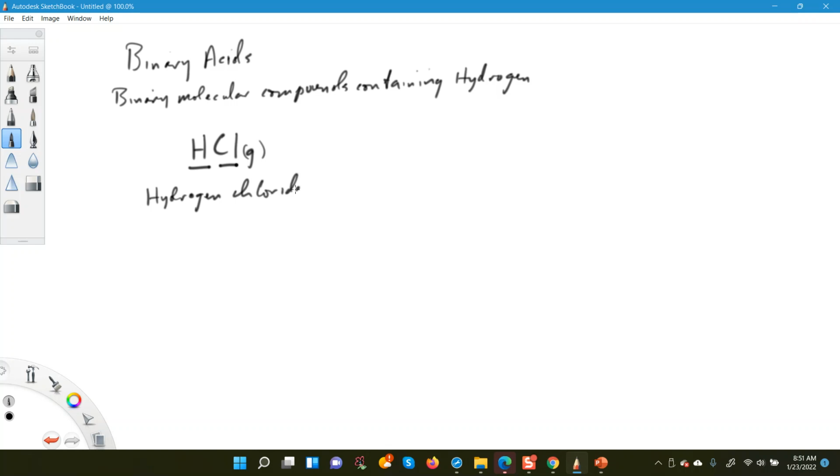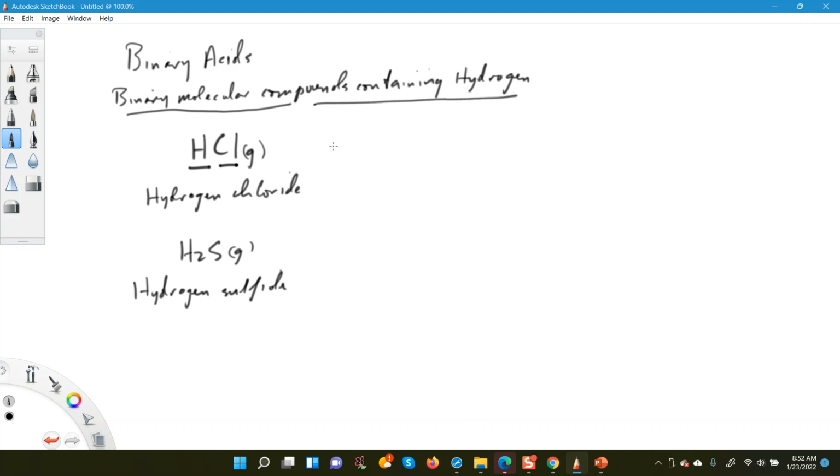Here's another example, H2S, which is also a gas. The name of this compound is hydrogen sulfide. So these are two examples of binary molecular compounds that contain hydrogen.